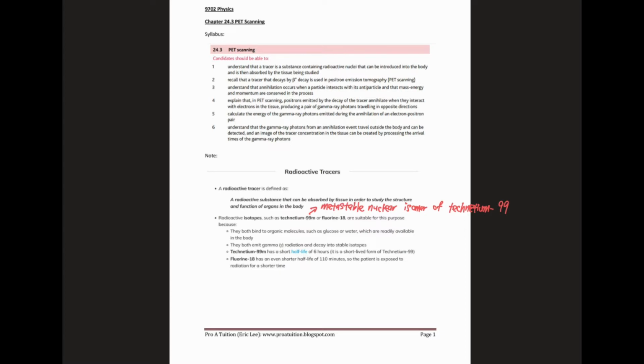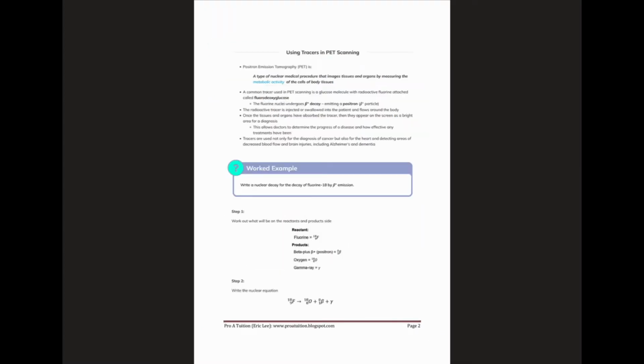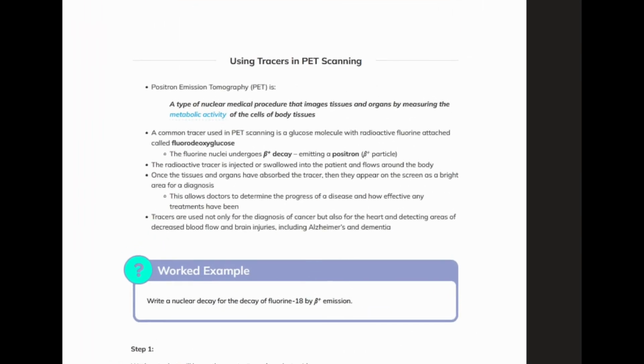Now let's move on to the next page. On this page, you can see using tracers in PET scanning. First of all, we look at the point here. Positron emission tomography, PET, is a type of nuclear medical procedure that images tissues and organs by measuring the metabolic activity of the cells of body tissue.